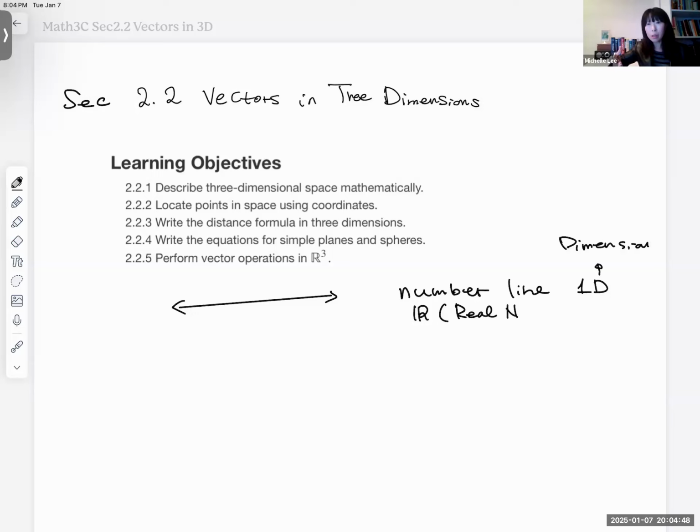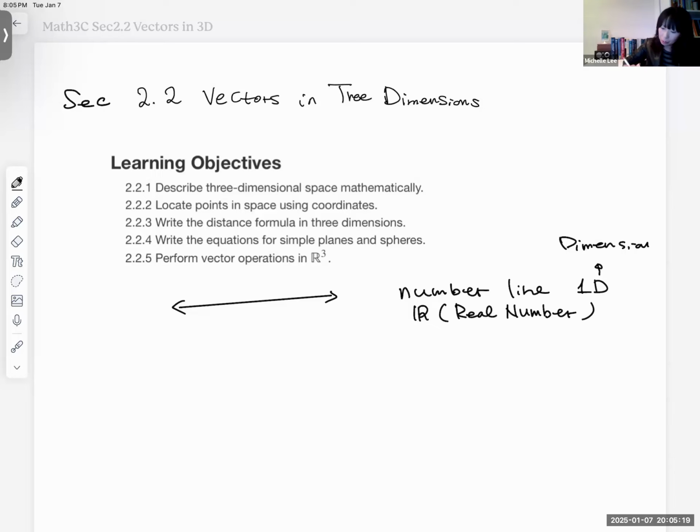Real numbers include fractions, which are called rational numbers, right? Rational numbers, and natural numbers, and so on, right? Okay, let me write down this one.